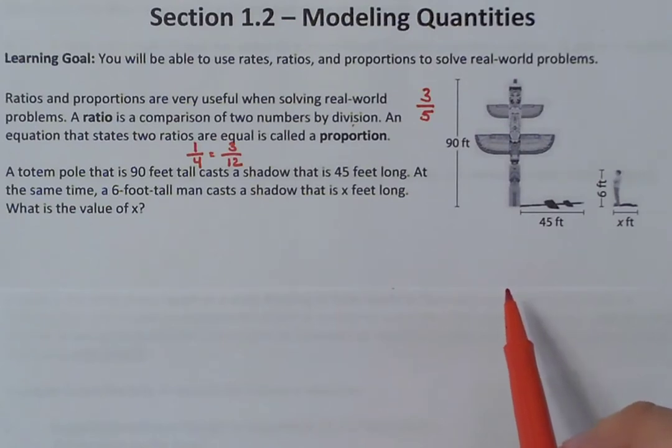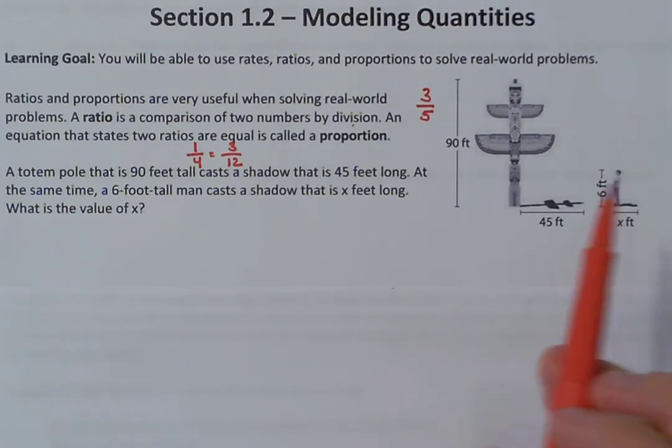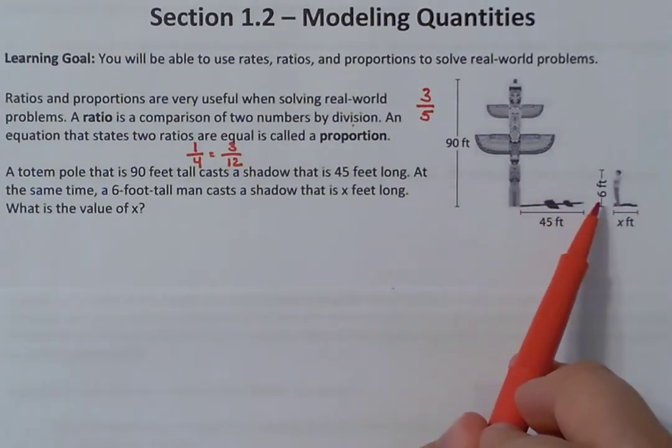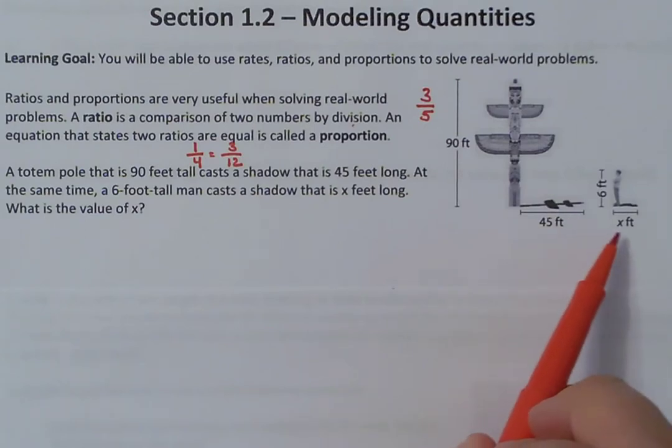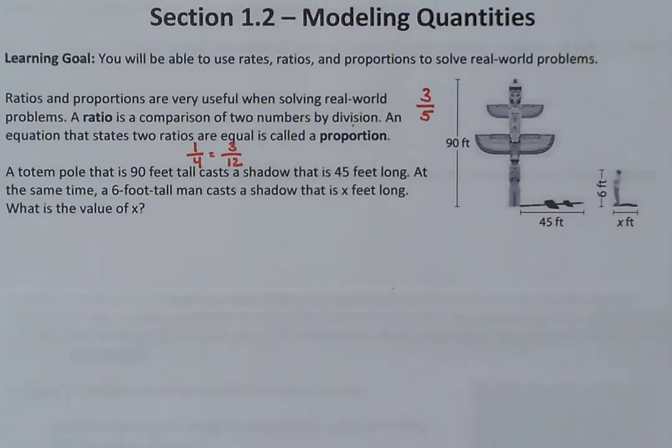Now, if I want to do a ratio of height over height, it would be 90 over 6, and then I could do 45 over x. Whichever way you want to do it works, and you will get the same answer. The thing that you just need to be careful with is that you follow the same pattern. Okay, don't jump to something different. Follow the same pattern. Now, for this problem, I'm going to follow the pattern of the height over the shadow of each object.